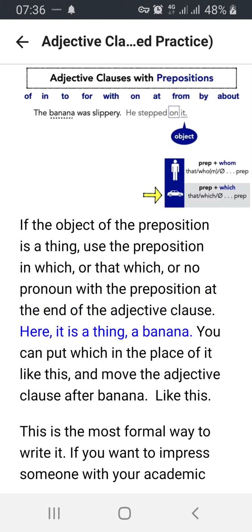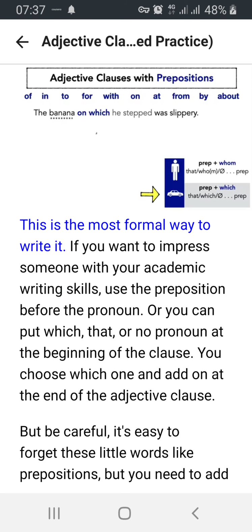Here, it is a thing, a banana. You can put which in the place of it, like this, and move the adjective clause after banana, like this. This is the most formal way to write it. If you want to impress someone with your academic writing skills, use the preposition before the pronoun.